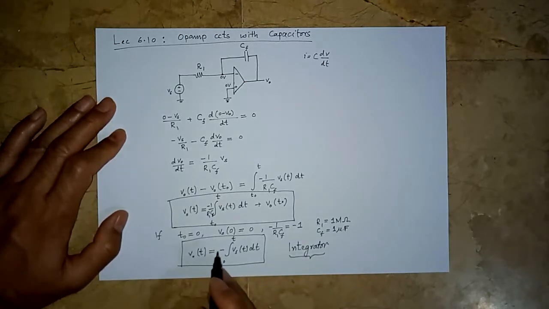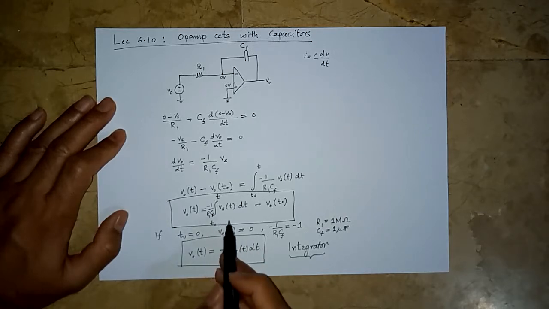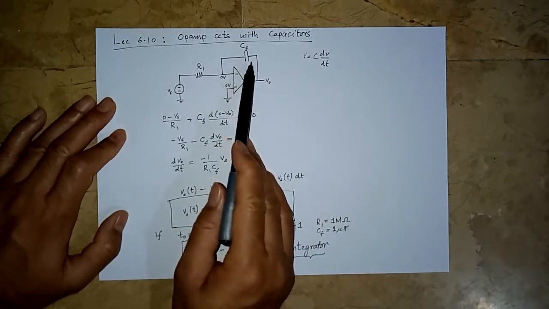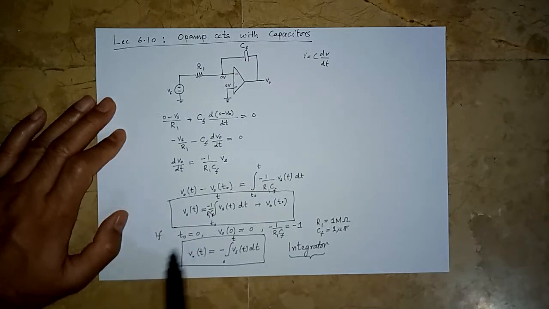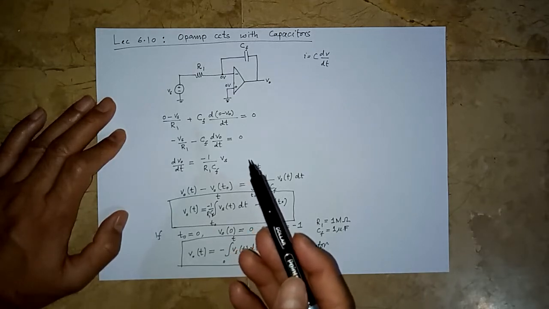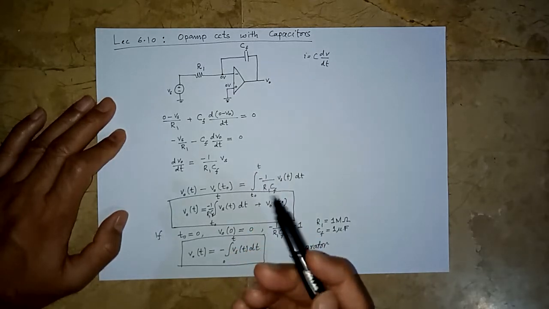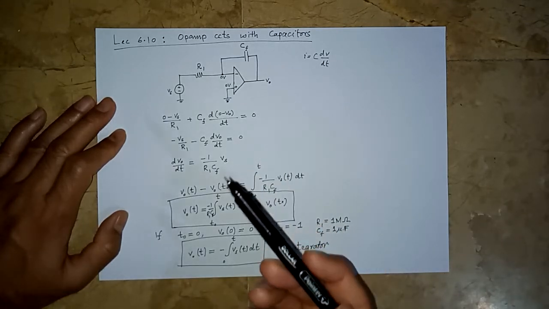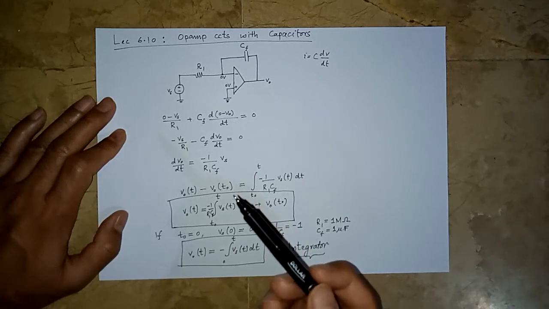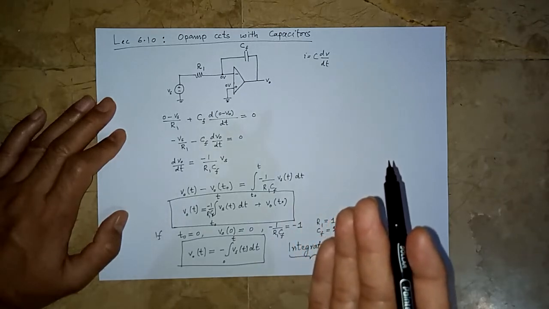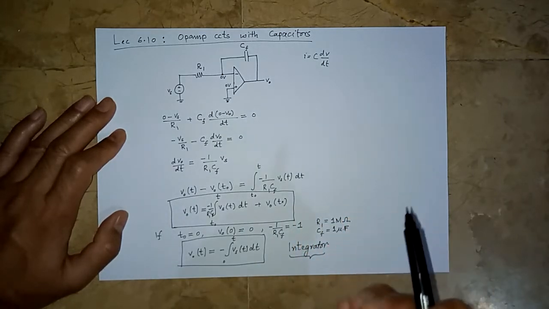If we have a capacitor in the feedback path, then we get an integrator. Obviously, you might think that if we have an inductor here in the feedback path, we may get a differentiator. That's true. But usually in circuits, inductors are not liked because of their bulky size and because inductors cannot be made into integrated circuits, ICs, whereas capacitors can be made into ICs based on the capacitance of the PN junction.